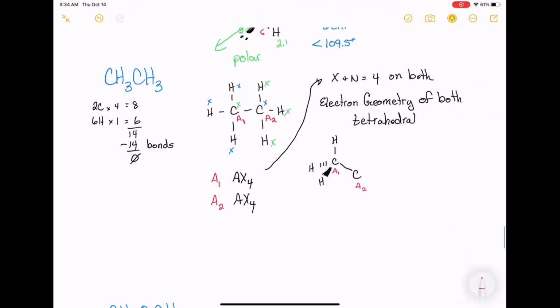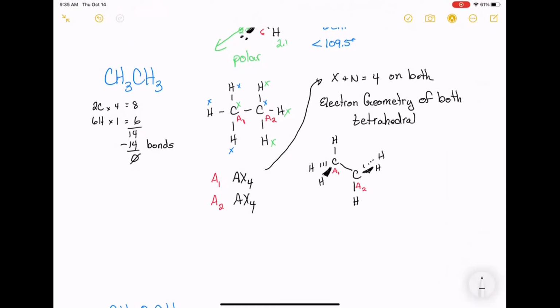And this is A2, but A2 is also tetrahedral. And it is bonded to 3 hydrogens and the other carbon.